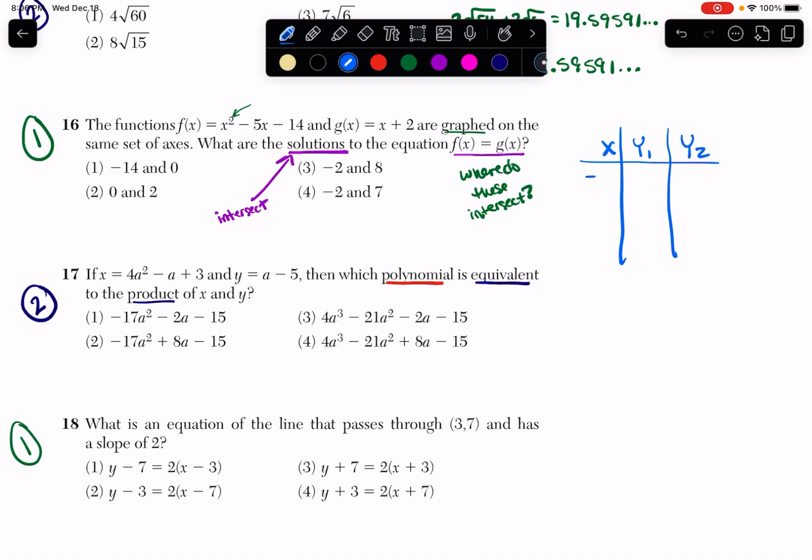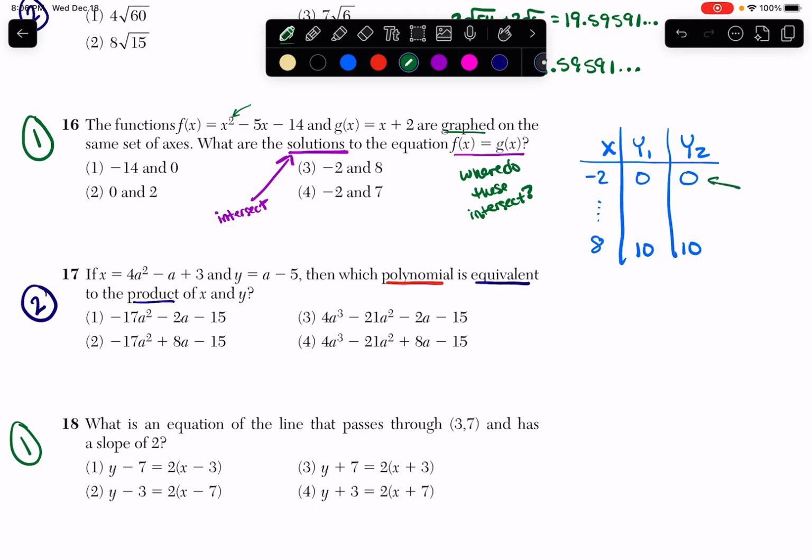The first one happens when x is negative 2. When x is negative 2, y1 and y2 are both 0. And then the next intersection happens, if we scroll down, when x is 8, y1 and y2 are both 10.